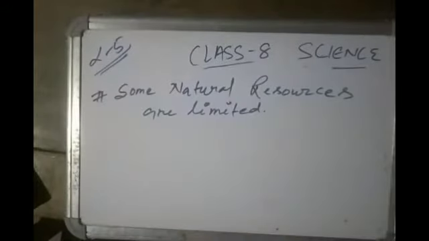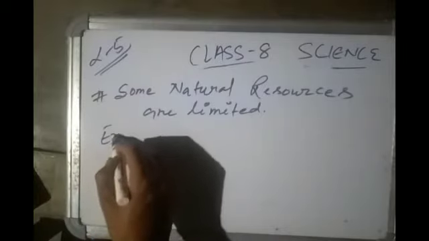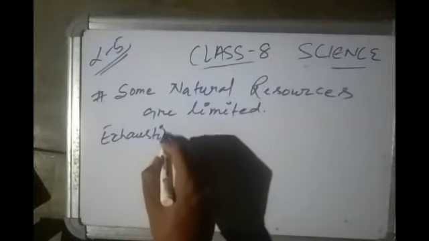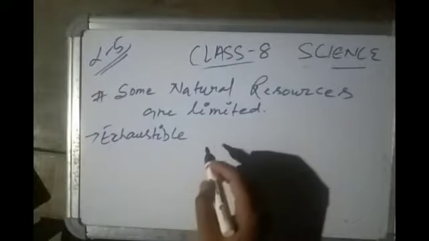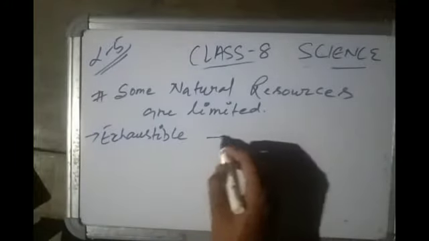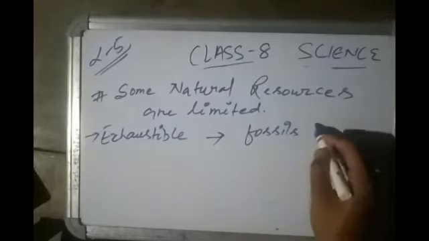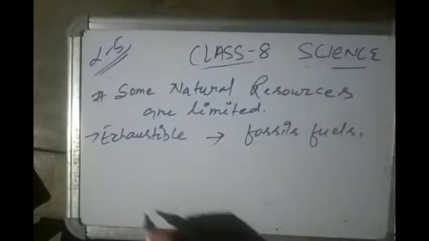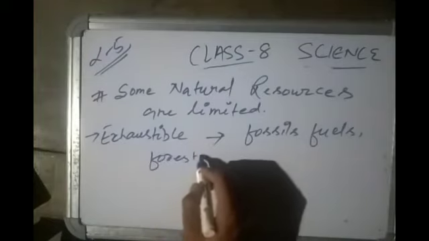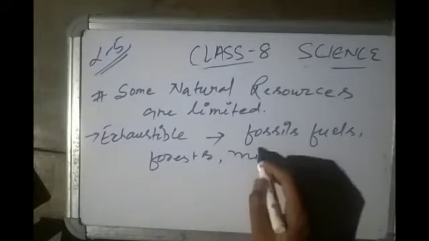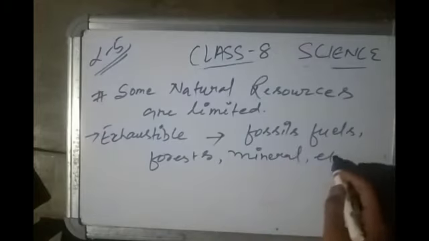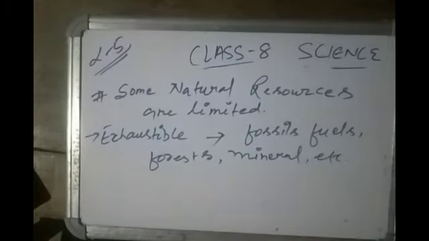In the last lecture we discussed exhaustible natural resources like fossil fuels, forests and minerals. They are all exhaustible. And the name of the topic is some natural resources are limited.